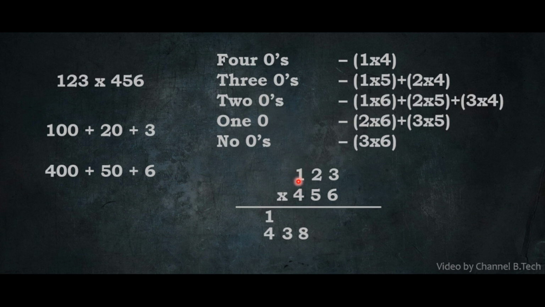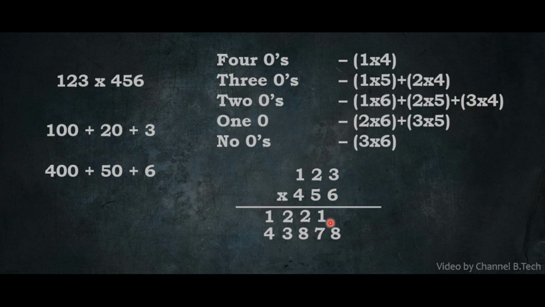We write 8 here and 2 as carryover for the previous number. To get one zero, 2 into 6 plus 5 into 3. 2 into 6 is 12, 5 into 3 is 15, 12 plus 15 is 27. We write 7 here and 2 as carryover here. And for no zeros, 3 into 6 we have to multiply, that is 18. 8 we write here and 1 as the carryover.